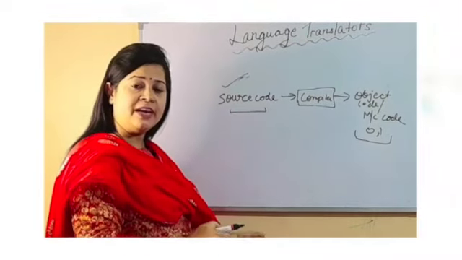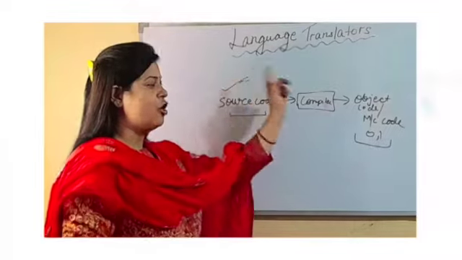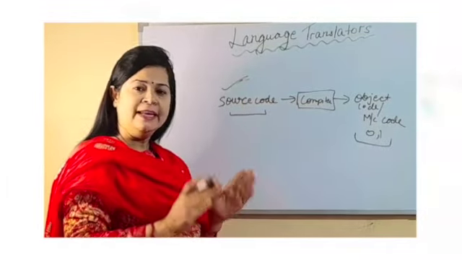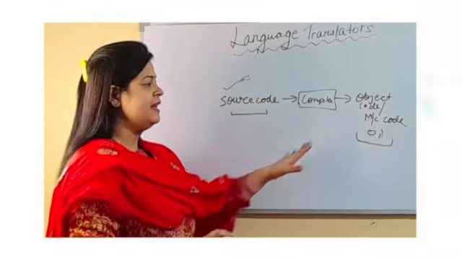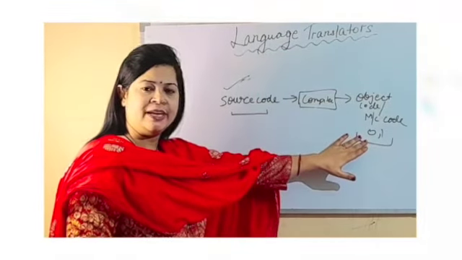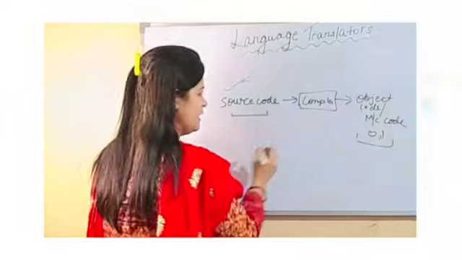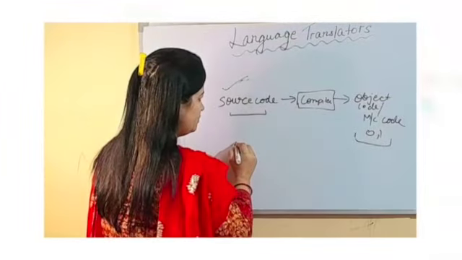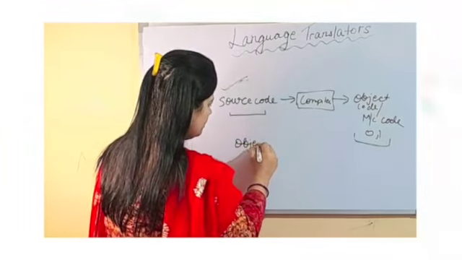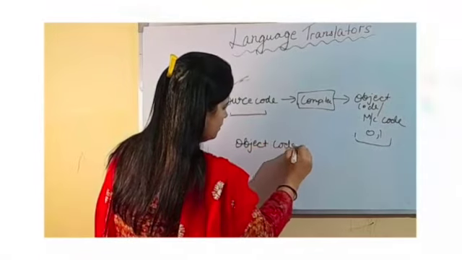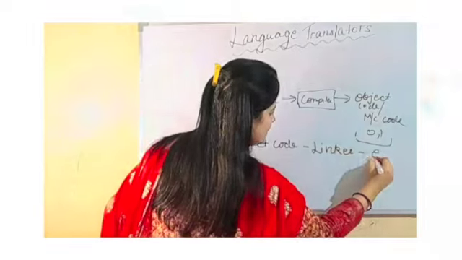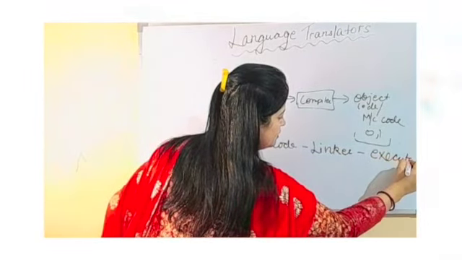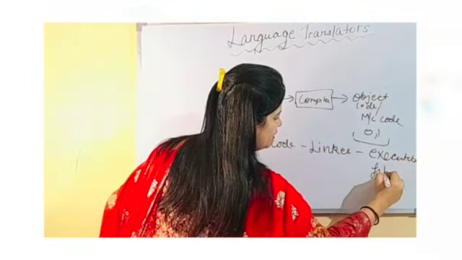How are we getting the output? When this object code gets connected with the linker and loader, then we get an executable file.